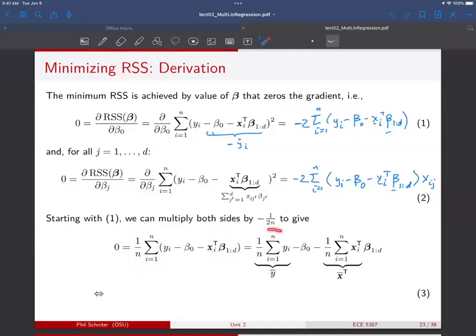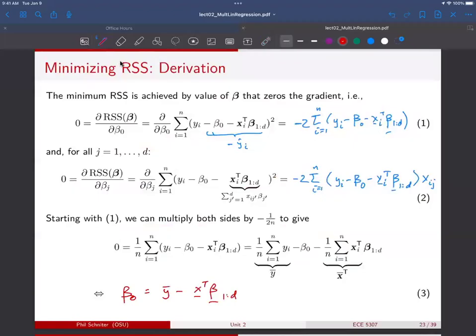Finally, we can recognize this average of the yi's as y bar, the sample mean, and this average of the xi vectors is the x bar sample mean. The last step is to move this minus beta zero to the other side, in which case we get this equation: beta zero equals y bar minus x bar transpose beta 1 through d.